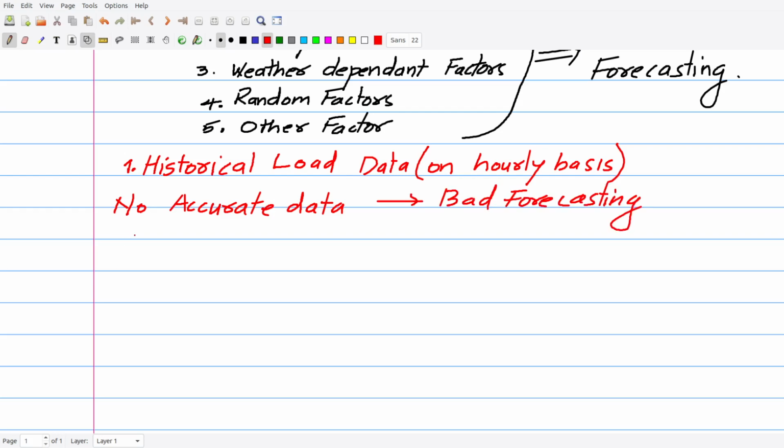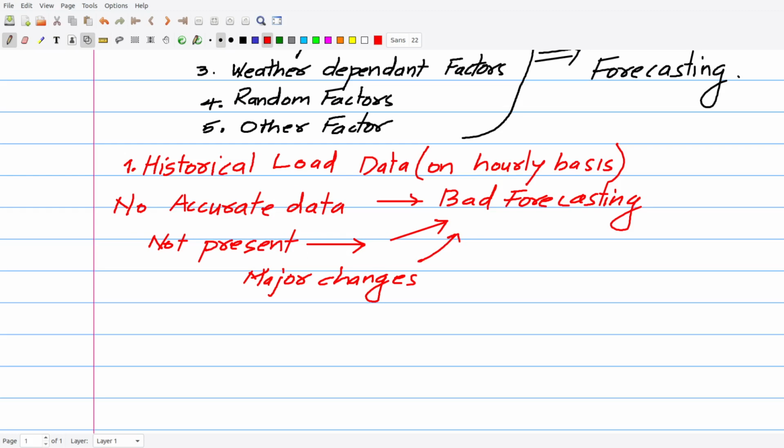Or maybe if data is not present, what will happen? Some arbitrary values assumed may lead to bad forecasting again. So this may result in major variation, major changes, which lead to bad forecasting.